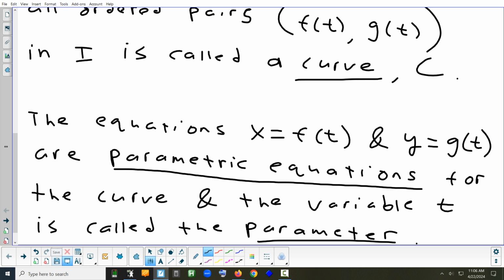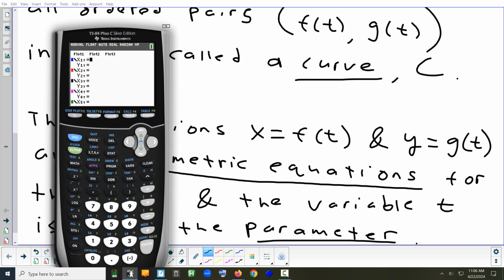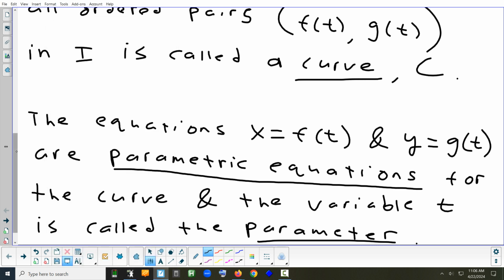You'll notice on the graphing calculator, when you put it in parametric mode, normally when you press this button right here, what letter comes up? Normally an X comes up. When you press it in parametric mode, a T comes up. That's because in parametric, T is the letter that they use. It's like using X, but they don't use X. Okay, they use T.